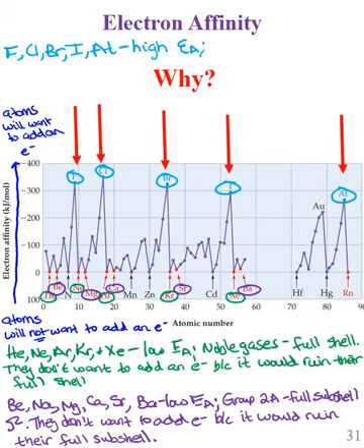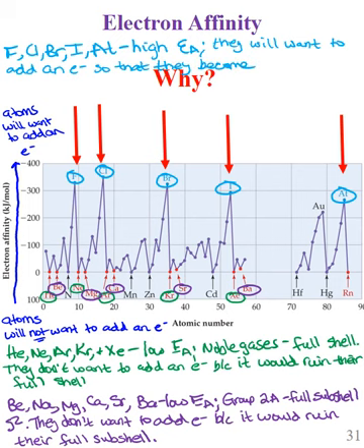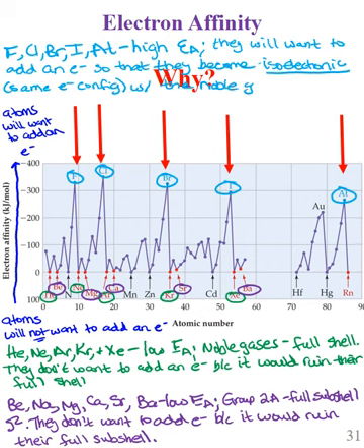Isoelectronic means it has the same electron configuration. The reason why they want to have the same electron configuration as the noble gases is because noble gases have a full shell.